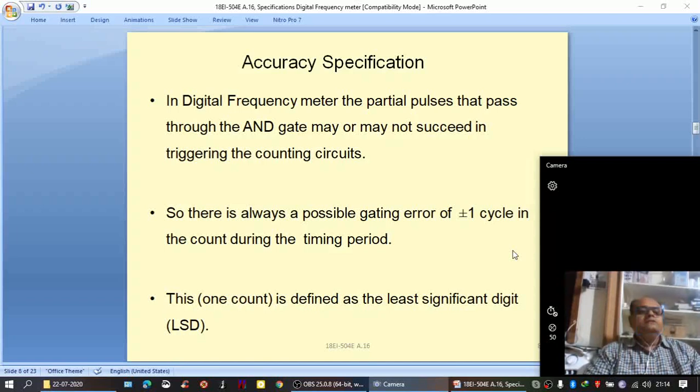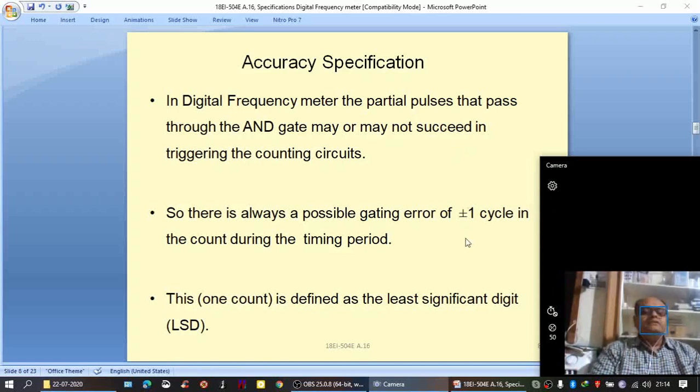But at the end of the gating pulse, when the gating pulse is about to become 0, the last cycle of the unknown signal may or may not reach the counter. If at all it reaches the counter, it may not have sufficient amplitude to trigger the count in the counter.